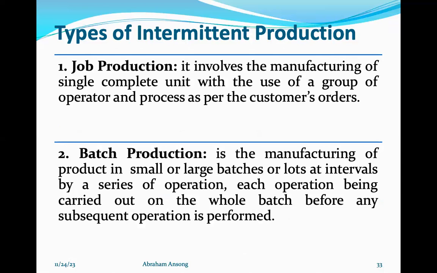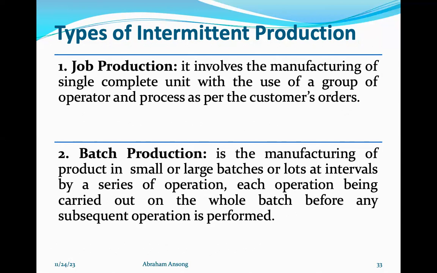So types of intermittent production, we can have job production. It involves the manufacturing of a single complete unit with the use of a group of operators and processes as per customers' orders. Okay, so job production is where you operate to meet the demands of a particular customer order. All right.